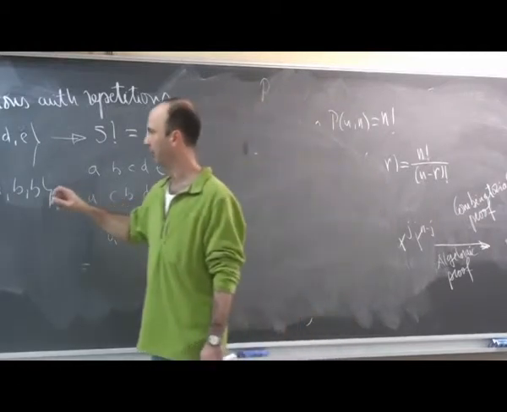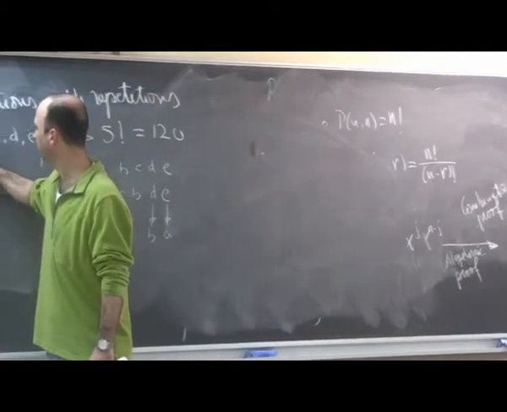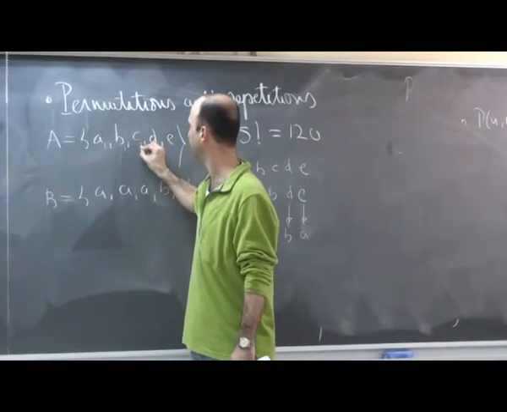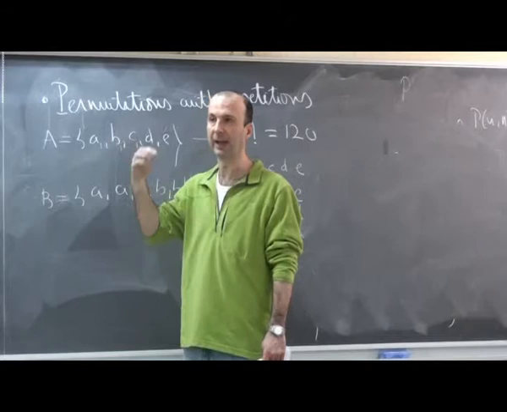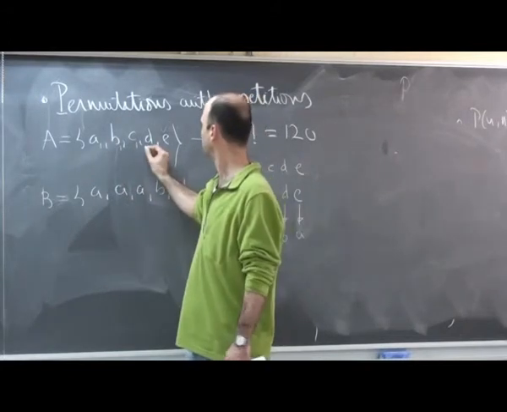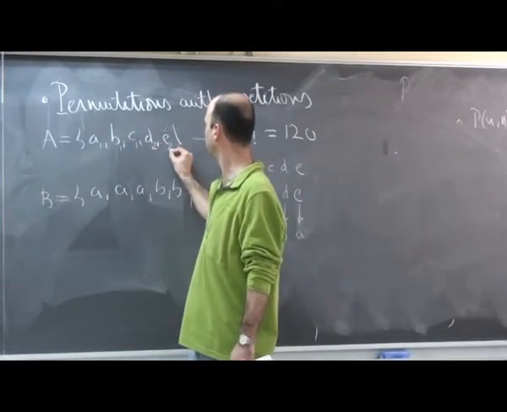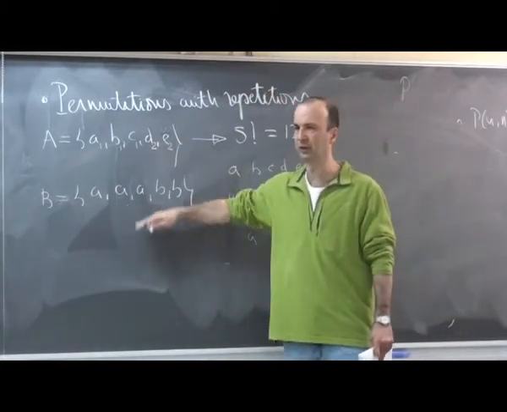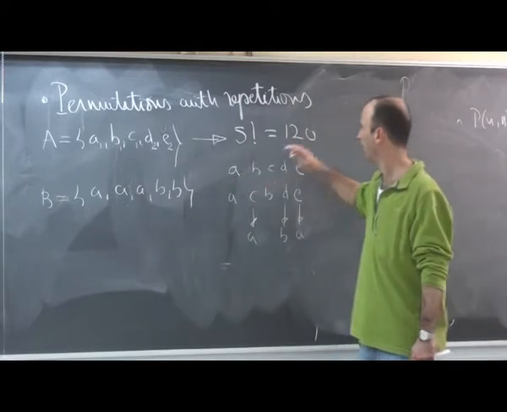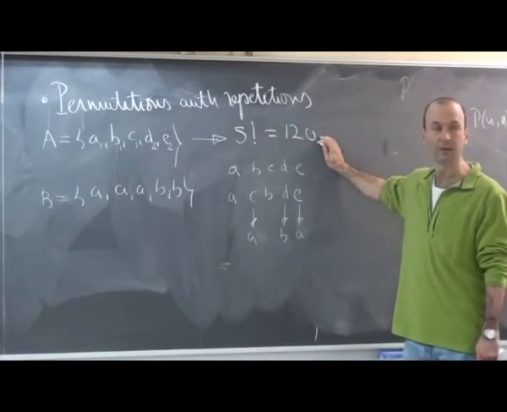Okay, one more attempt. Suppose that I write little subscripts here. When I write sub 1 means A. And then I write 2. I count all permutations and I see that there are 120.